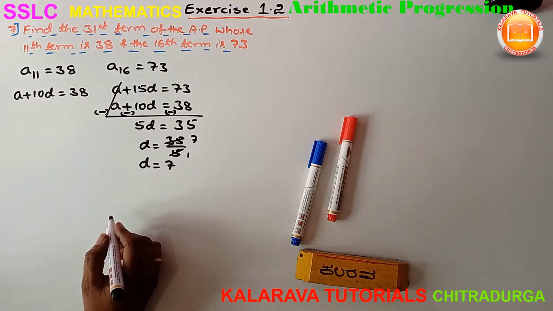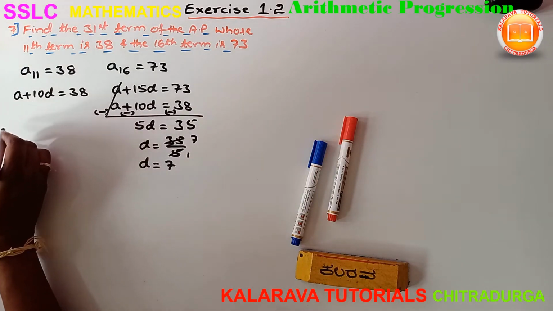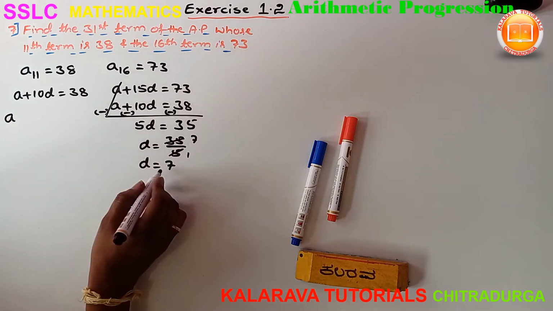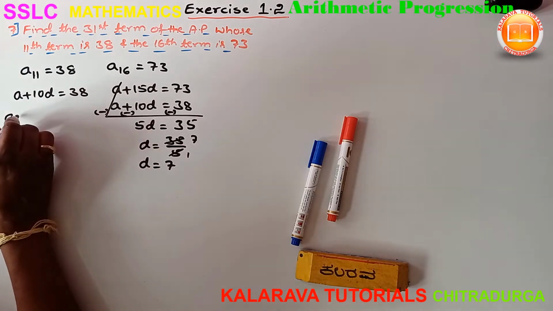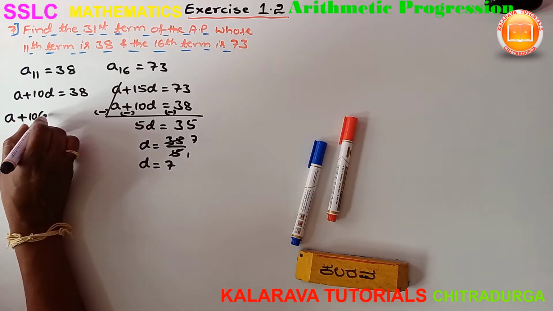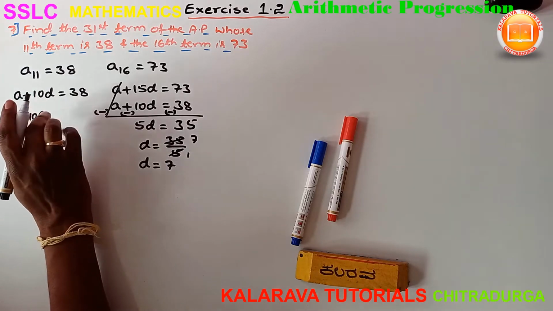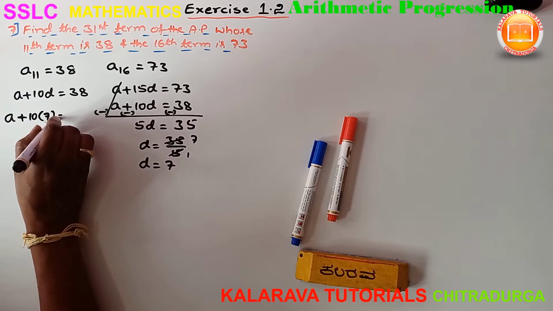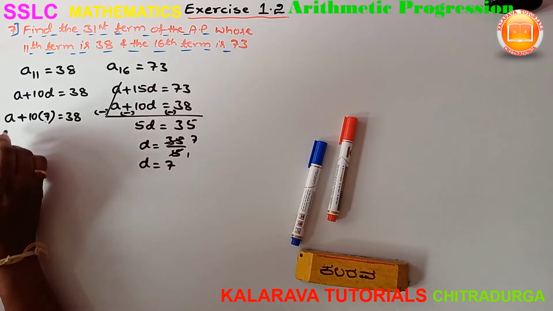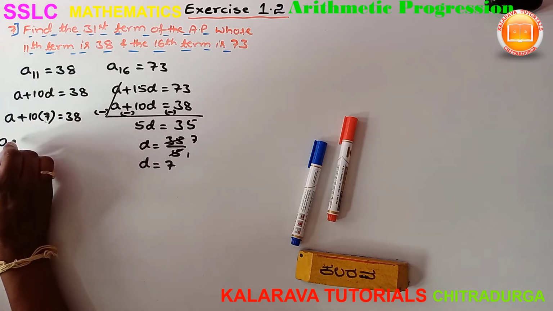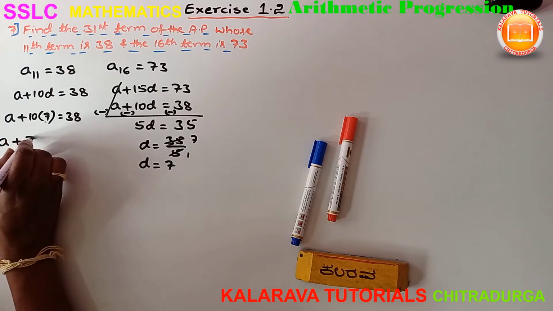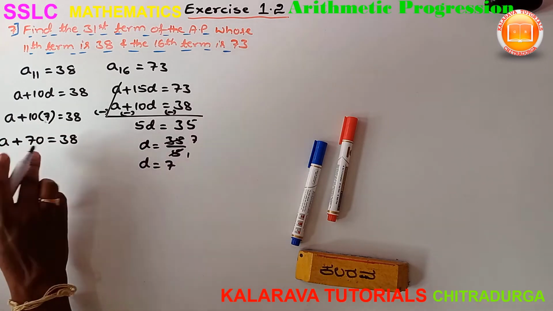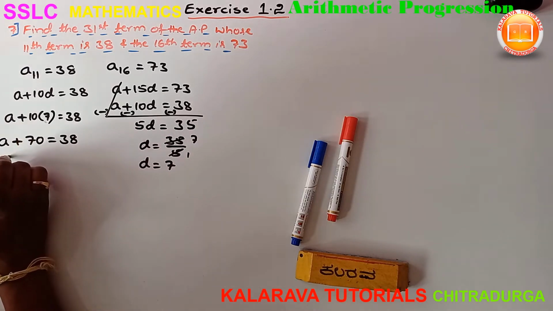Now we have to find the value of A. For finding A, we substitute the value of D in this equation: A plus 10 into 7 is equal to 38. Now 10 into 7, that is 70, so A plus 70 is equal to 38. We transfer this 70 to the right hand side, so plus 70 becomes minus 70.